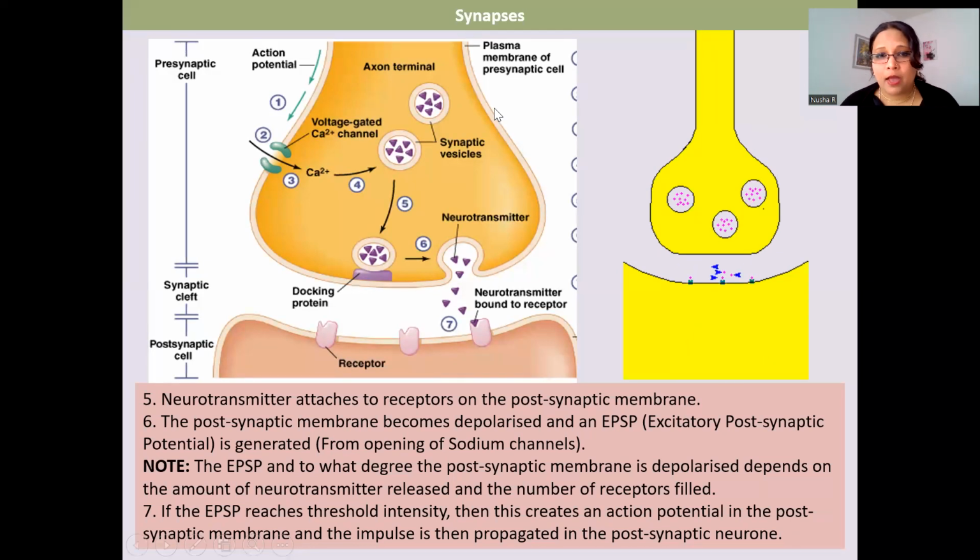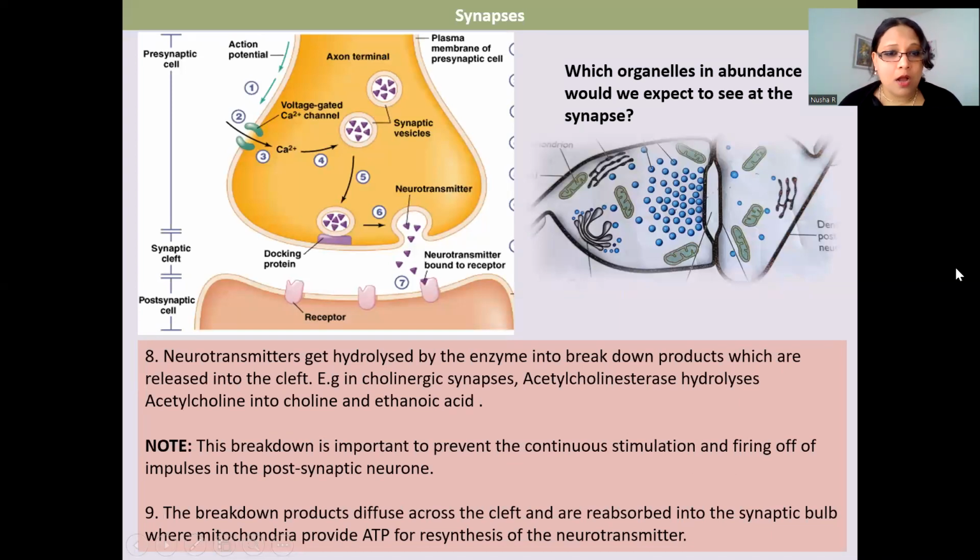Now, how about the neurotransmitter? So let's see. Once neurotransmitters are bound to the receptor, imagine if they continued staying bound. That would mean action potentials continuously being generated in the postsynaptic neuron.